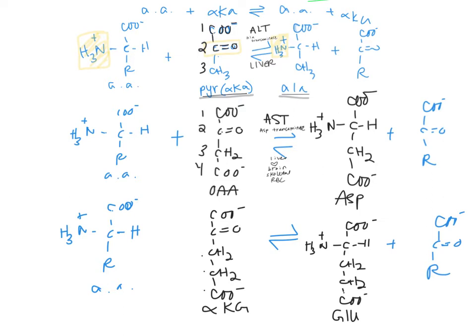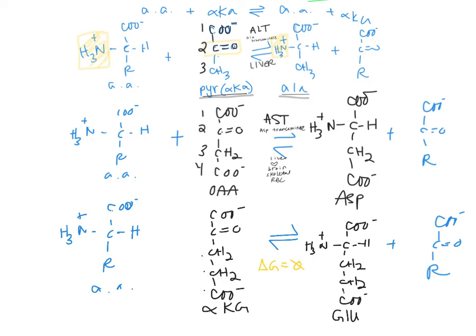Those are the transaminases. If you've noticed, all of these reactions are at equilibrium, and the delta G for all of these is pretty dang close to 0, which means that the directionality of the reaction is highly substrate dependent.